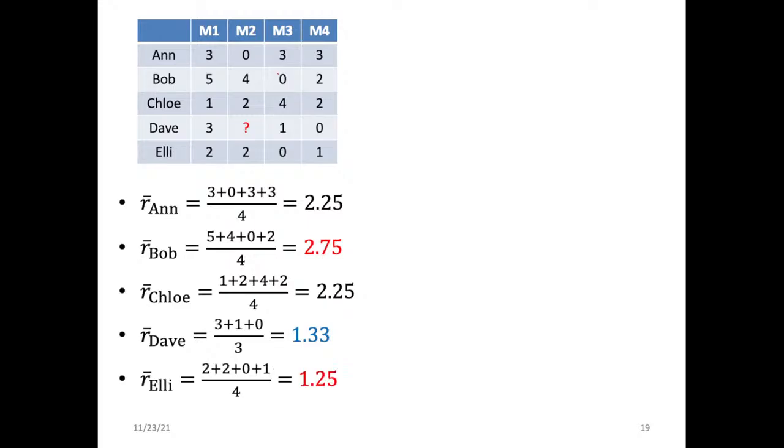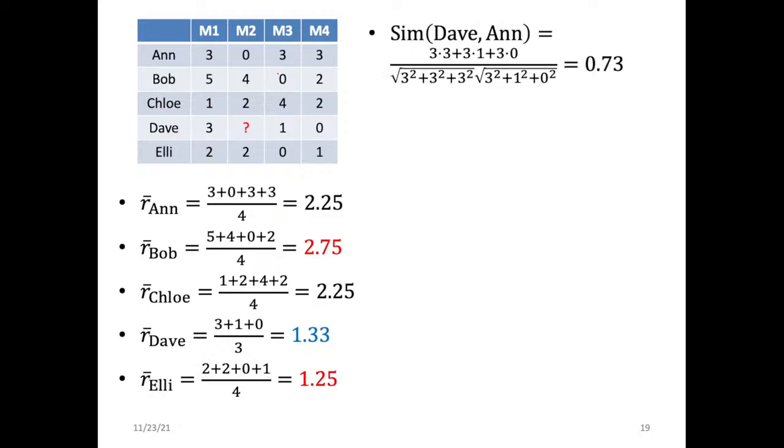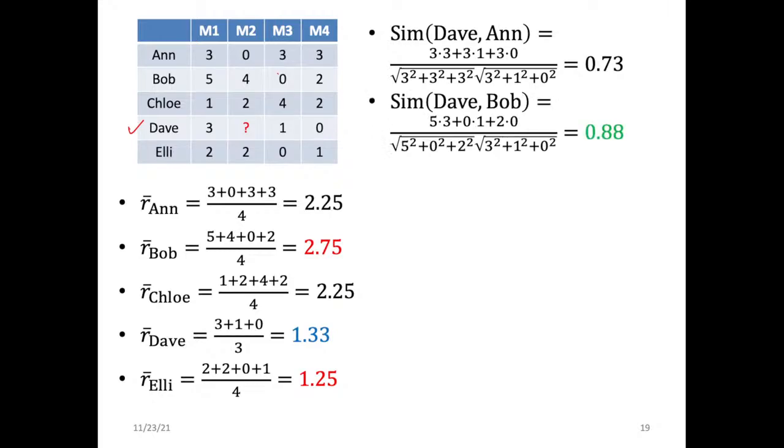That's the average score. The next thing is I need to compute which users are similar to user Dave. To do that, I just compute the cosine similarity based on the available ratings.